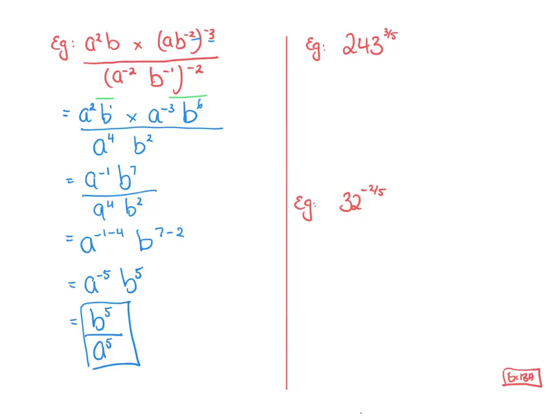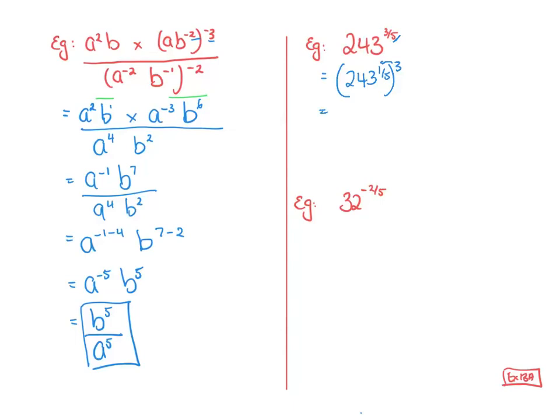Okay, in this next example, the bottom number of a fraction is, if you remember, we could write it like this: 243 to the power of 1/5 and 3 outside. Because if we had powers outside, we'd multiply out, so we'll go back to that. So we can write that like this.